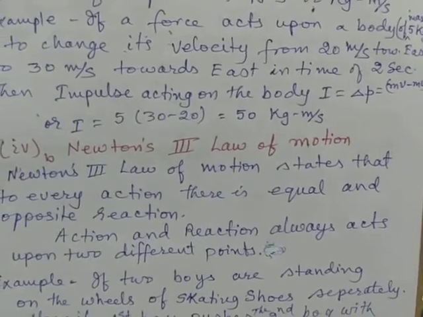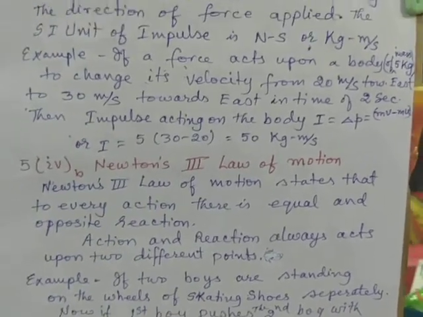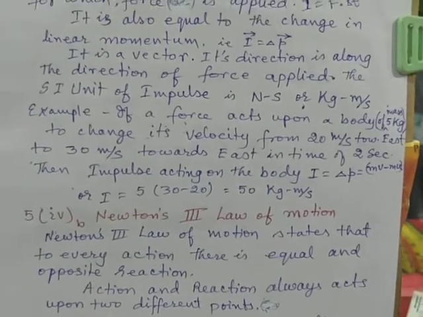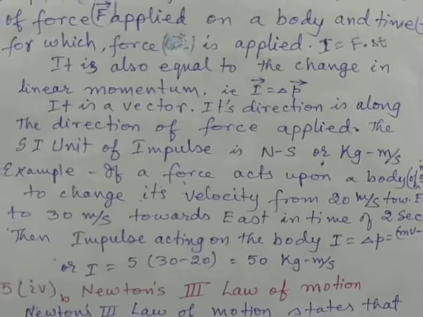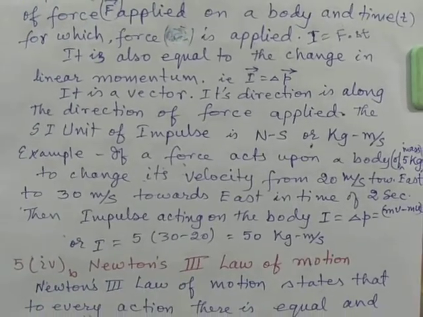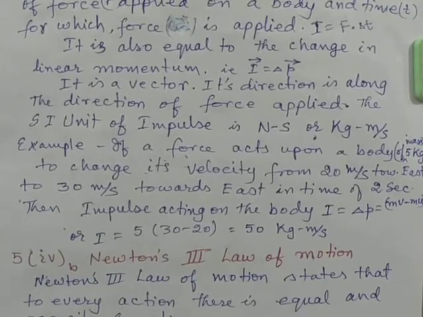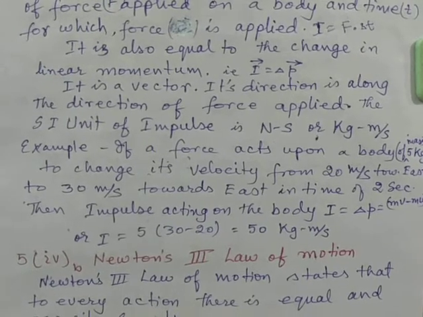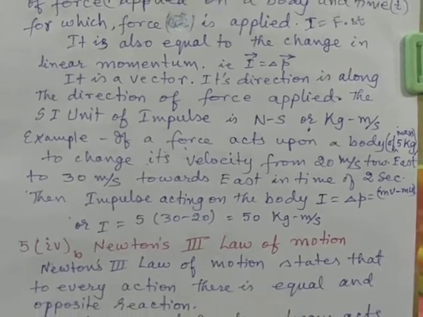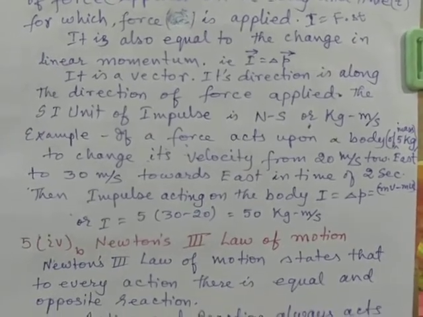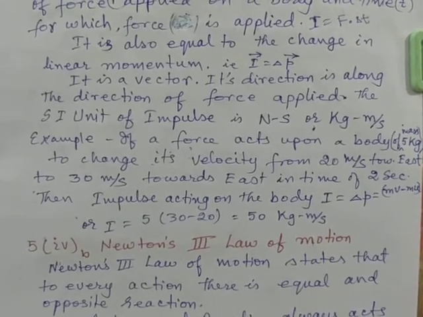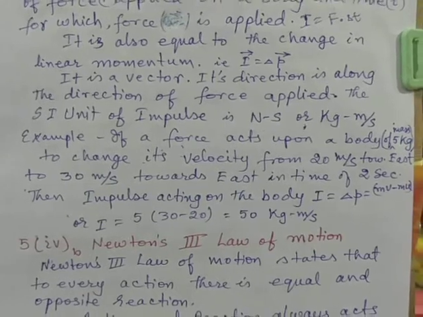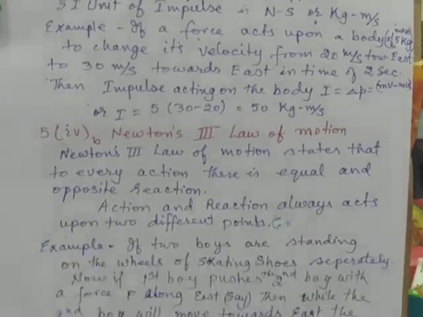We can also find it by finding the product of force and time, because impulse is equal to force and time. That can be done by finding the value of force, because force is rate of change in momentum. So you find the change in momentum, divide it by time, that will give you force, and then multiply it by time. You will get the same results.